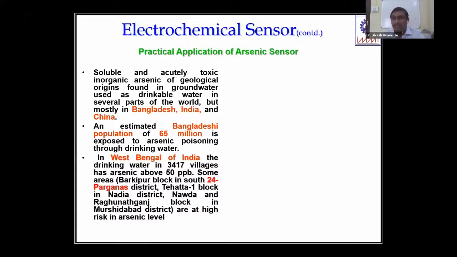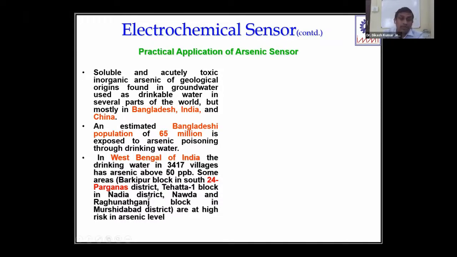There are a lot of arsenic ores inside the earth. So when we dig a well or tube well, the groundwater is also contaminated because of the presence of ore. So when you take this water, it is toxic because arsenic will be there.